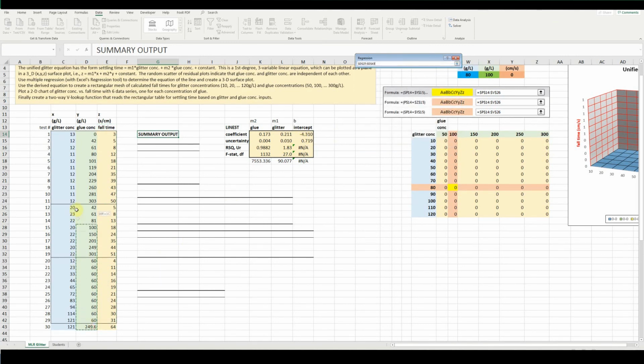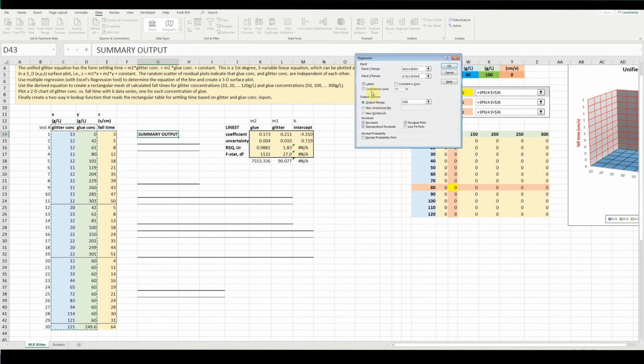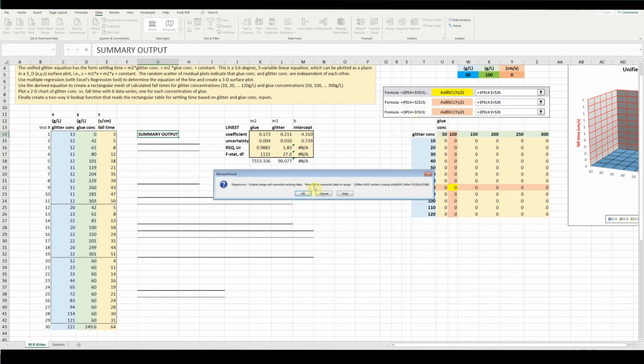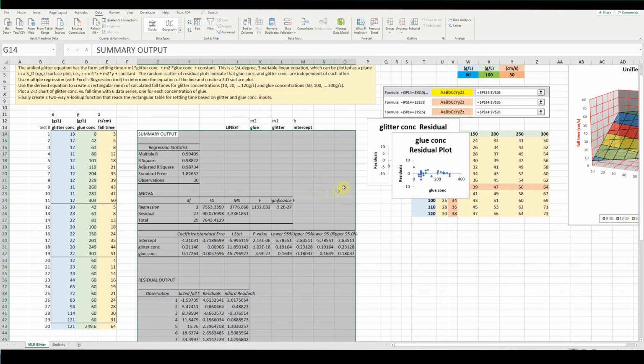Again, I'm going to include the labels. And check off labels are included. 95% confidence level. The output, I'm choosing G14, residuals, standardized residuals, and residual plots. And overwrite, that's fine. Let me tidy this up and we'll take a look at it.